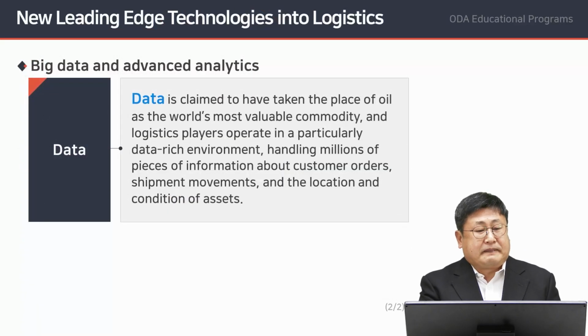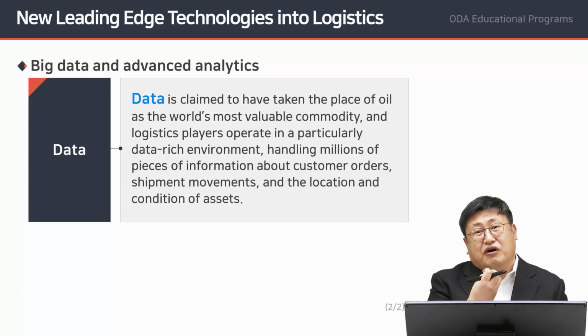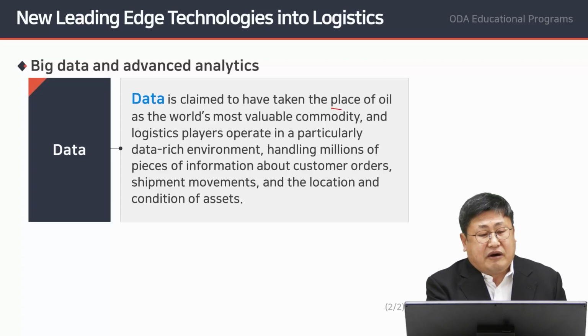Big data. Data itself is claimed to have taken the place of oil. Data is like crude oil, so to speak. We refine crude oil into other chemical substances, and with data, we can analyze it. Data is claimed to have taken the place of oil as the world's most valuable commodity.